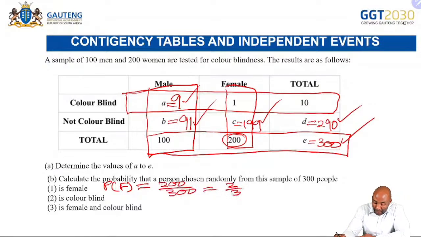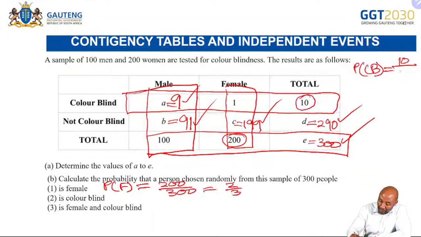The probability that a person is colorblind. Now, we have to find the probability. I'll use CB for colorblind. We have our total for colorblind as 10 over, it's always over our sample space, which in this case is 300, and this will give us 1 over 30 as the probability of being colorblind.